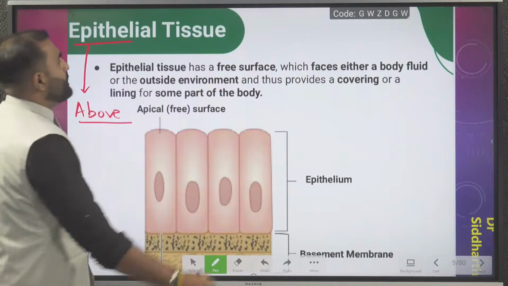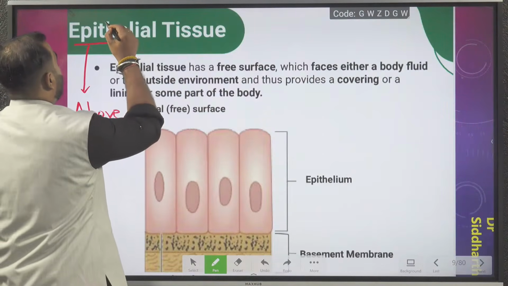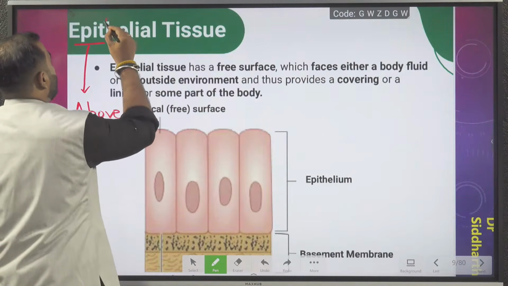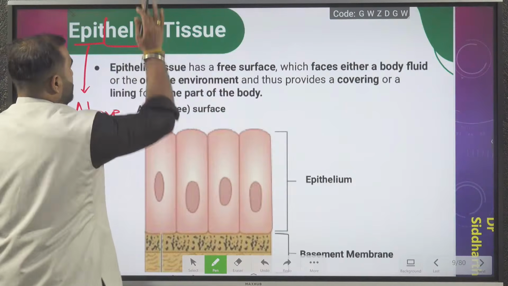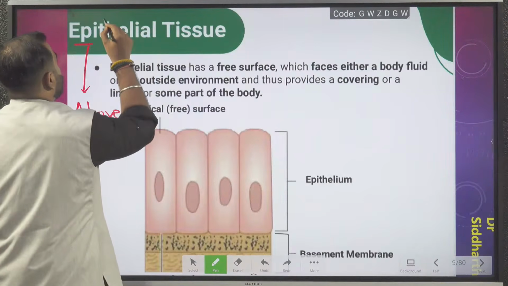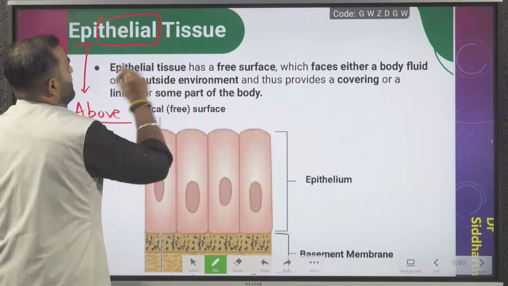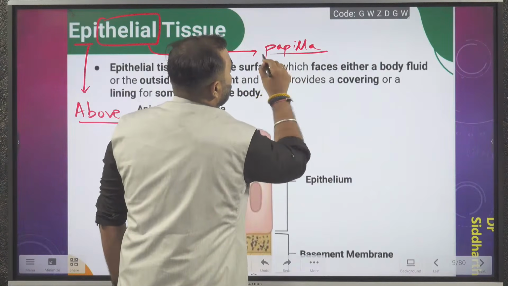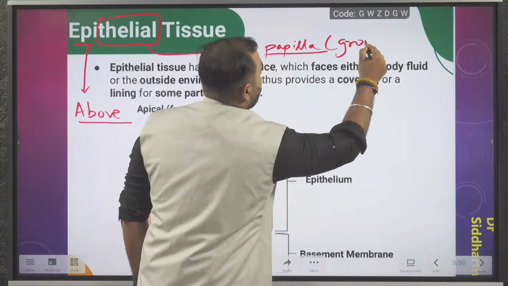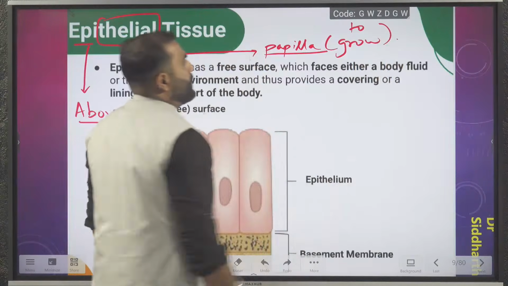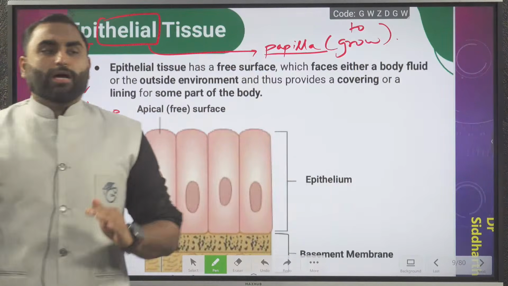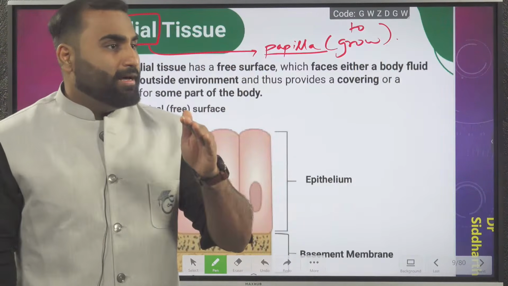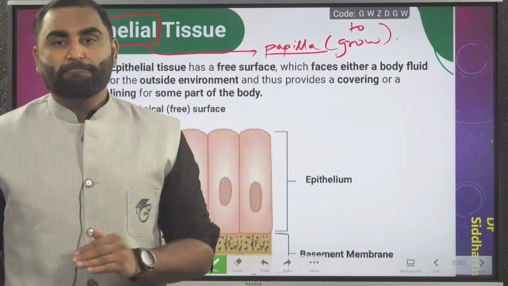Epi means above, and the thelial part means to grow, growing.